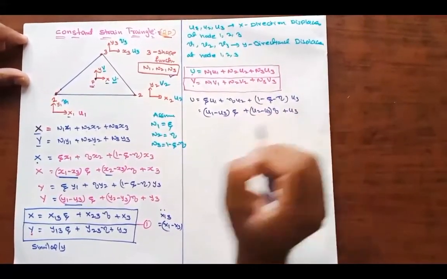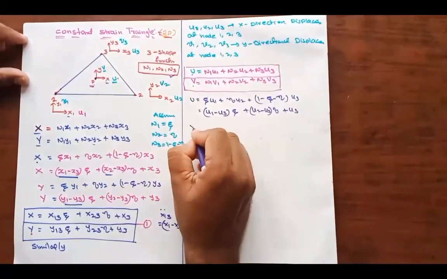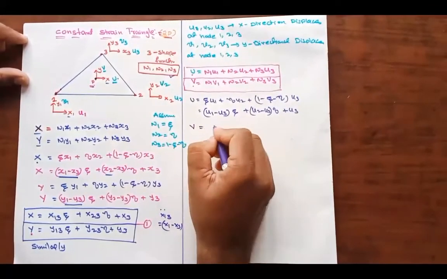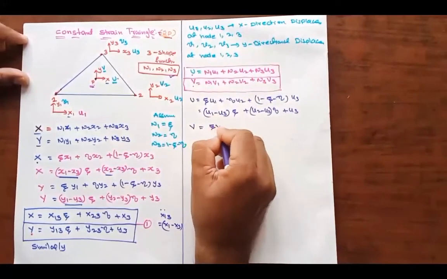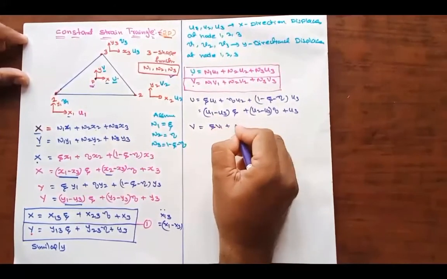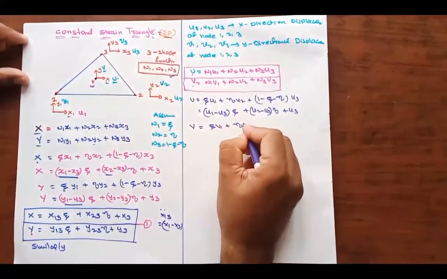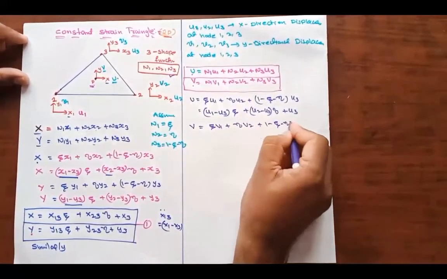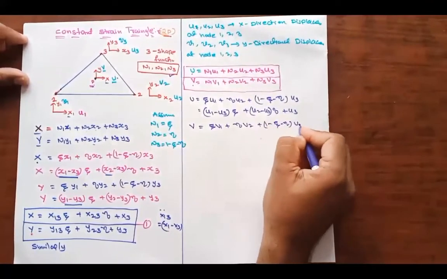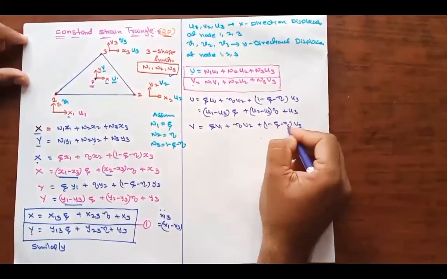Similarly, v can be written as: N1 is zeta into v1, plus N2 is eta into v2, plus N3 is 1 minus zeta minus eta into v3. If you multiply this out, you get v3 minus zeta v3 minus eta v3.